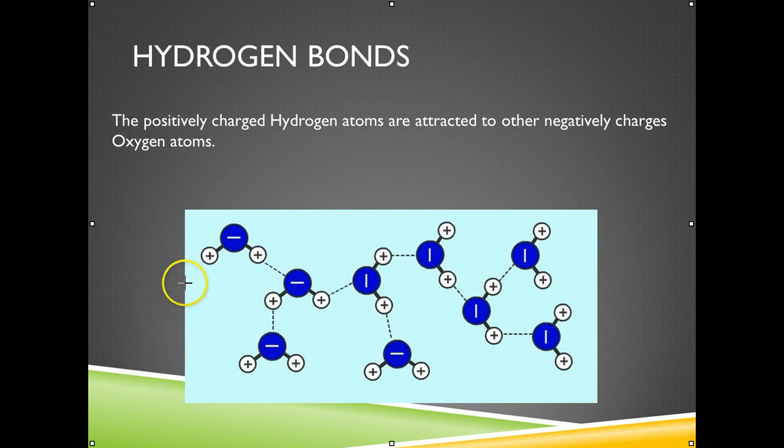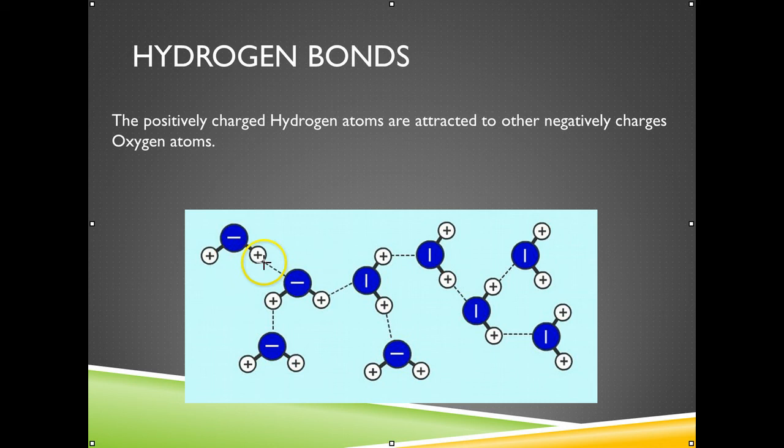So hydrogen bonds are the bonds in between the actual molecules. Because of the polar covalent bond, where one side is slightly more negative and the other side is slightly more positive, the positively charged hydrogen atoms are attracted to other negatively charged oxygen atoms.